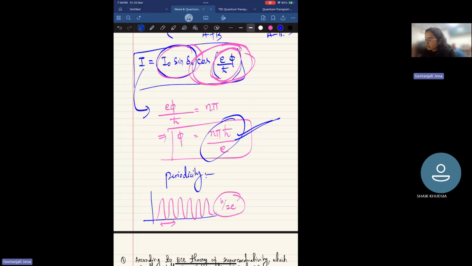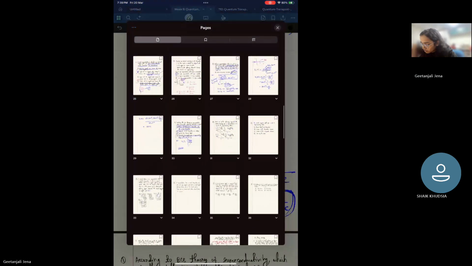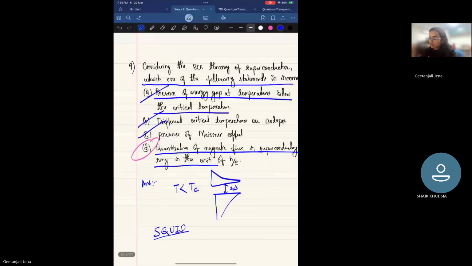So phi is n times h cut, and if you write h cut as h by 2 pi, the pi will cancel. So it is n h by 2e, where n is a quantum number and this is the constant. So that means flux is quantized in units of h by 2e, not h by e, for a superconducting ring. So option D is not correct.